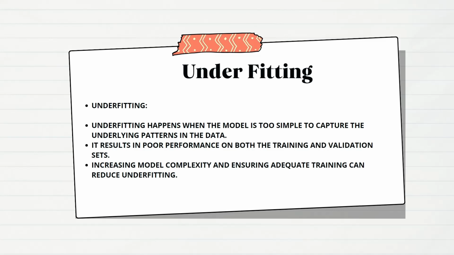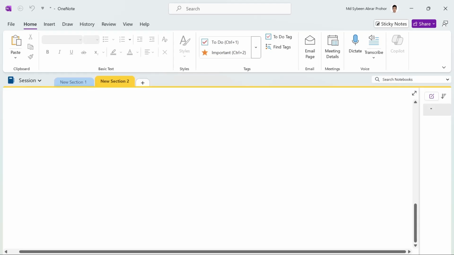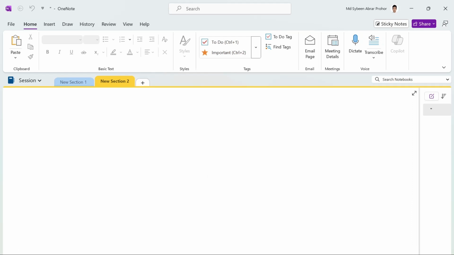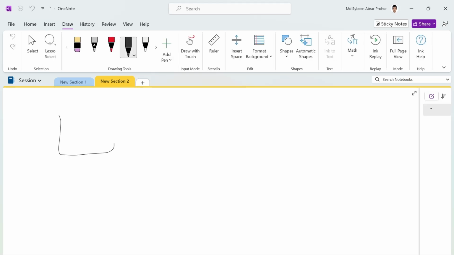So let's move on to the explanation. Let's say we get a whole data set like this. We divide it into three data sets: one is train, one is validate, one is test.